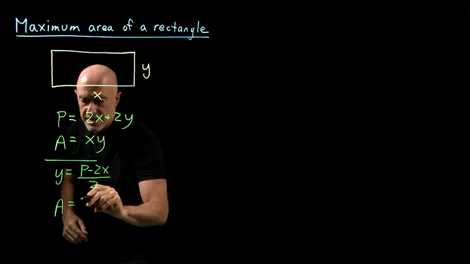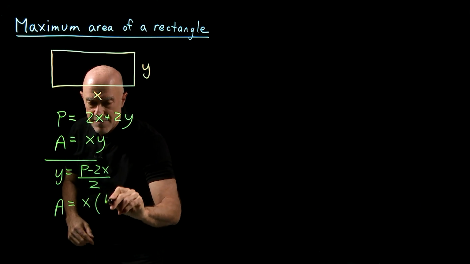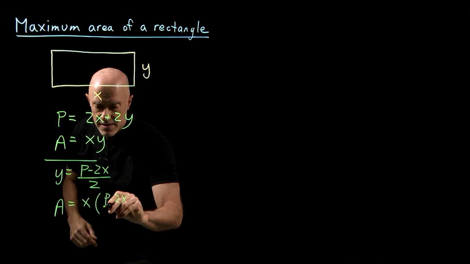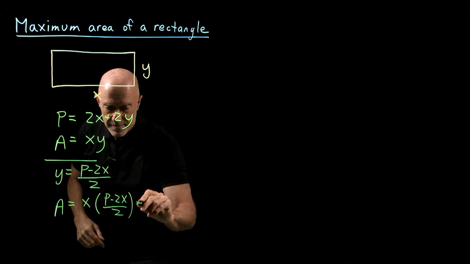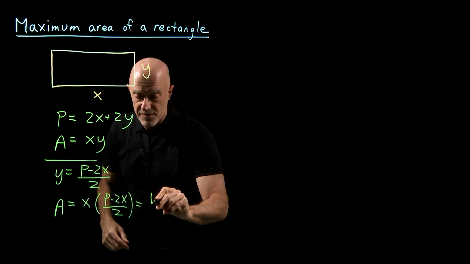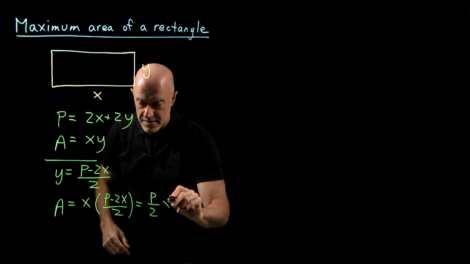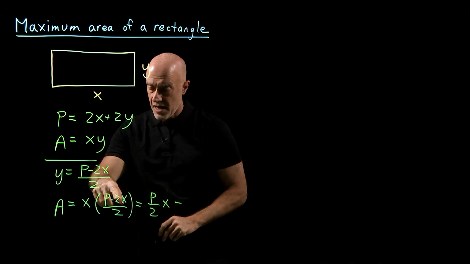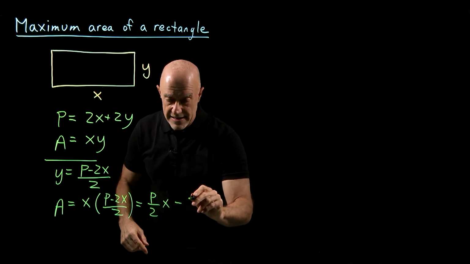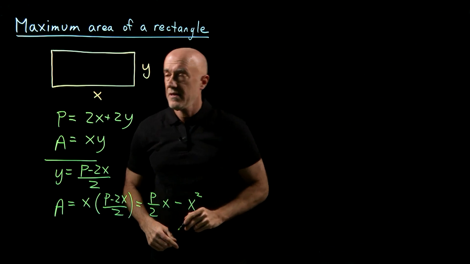So the area is equal to x times (p minus 2x) divided by 2, and that becomes p over 2 x minus, the 2's cancel, and we have minus x squared.